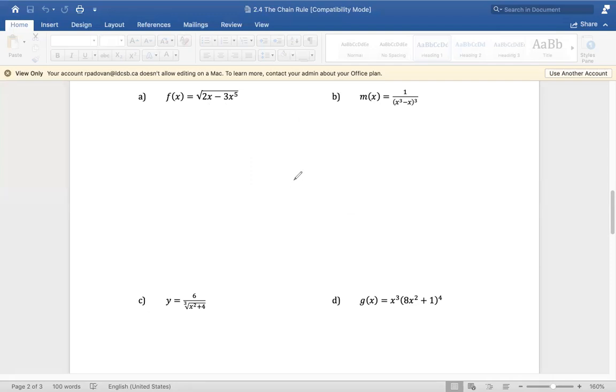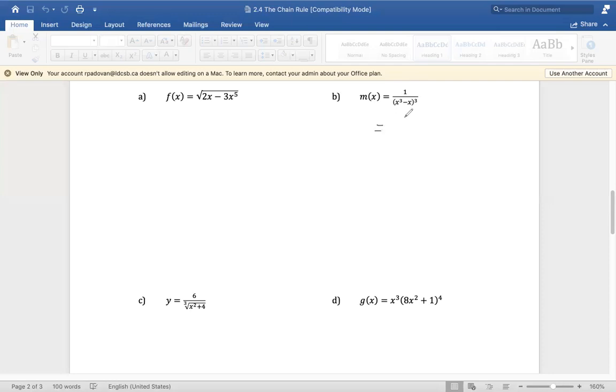All right, so for B we have m of x equals 1 over (x cubed minus x), and in brackets cubed, so the whole bracket is cubed. In order to differentiate this, I should have this power up in the numerator position. If I move it up into the numerator, it just makes the power negative, right?